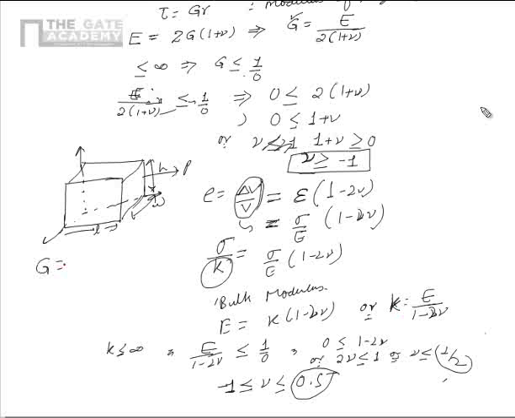G is equal to E divided by 2 times 1 plus nu, and K is equal to E divided by 1 minus 2 nu. From these two equations, we can of course eliminate either nu or E to write the value of G and K in terms of the third constant.